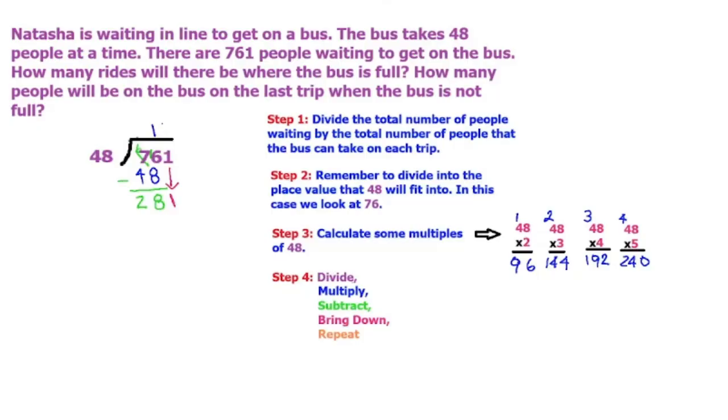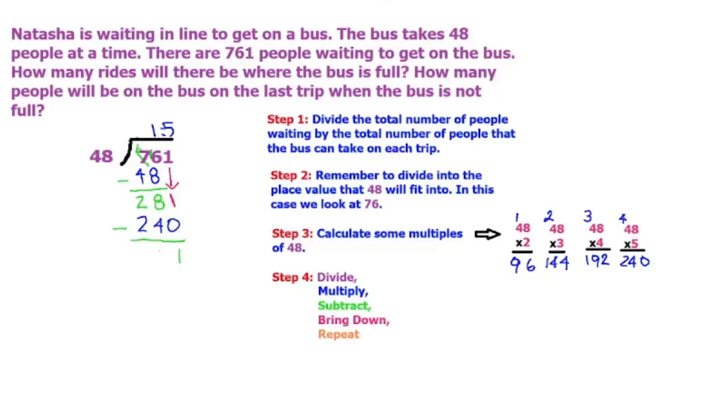So we know 5 times 48, we multiply now, is 240. Now we subtract, right? So 1 minus 0 is 1. 8 minus 4 is 4. And 2 minus 2 is nothing, so we don't put anything there.